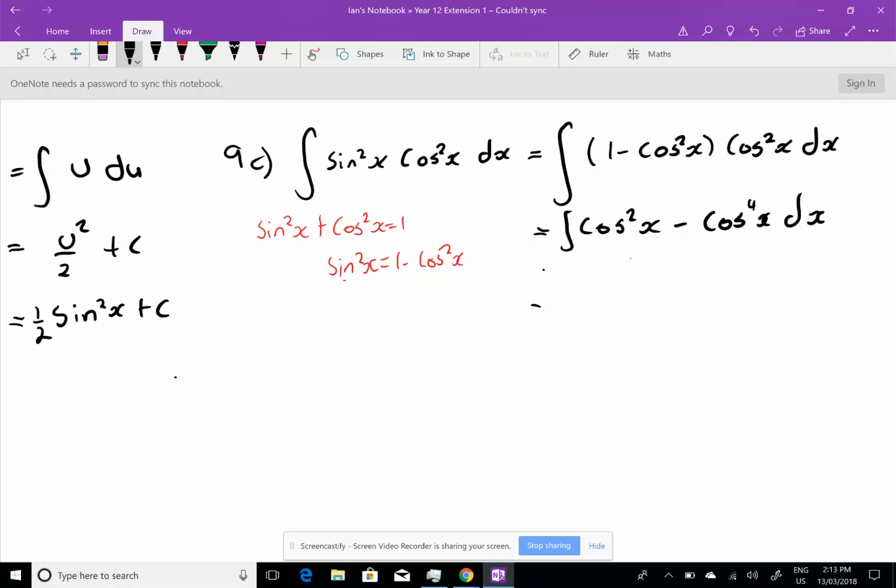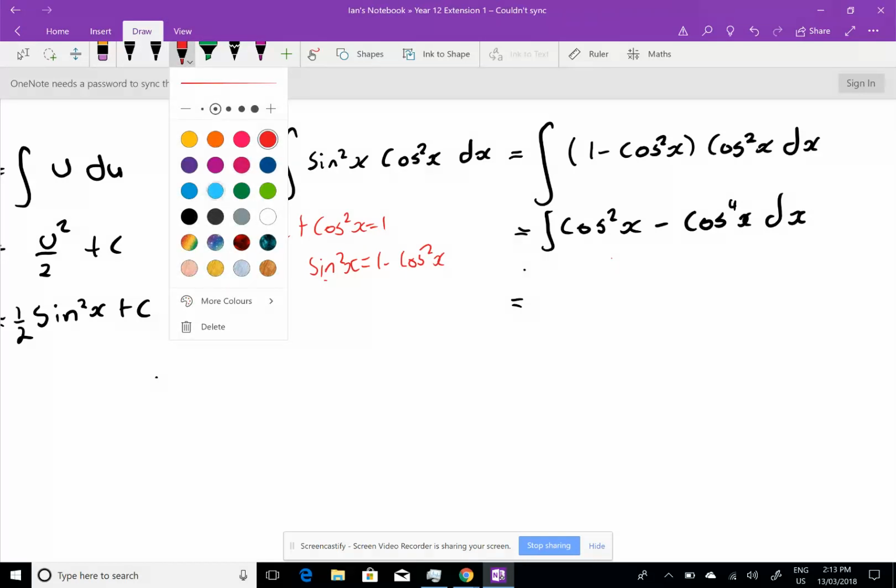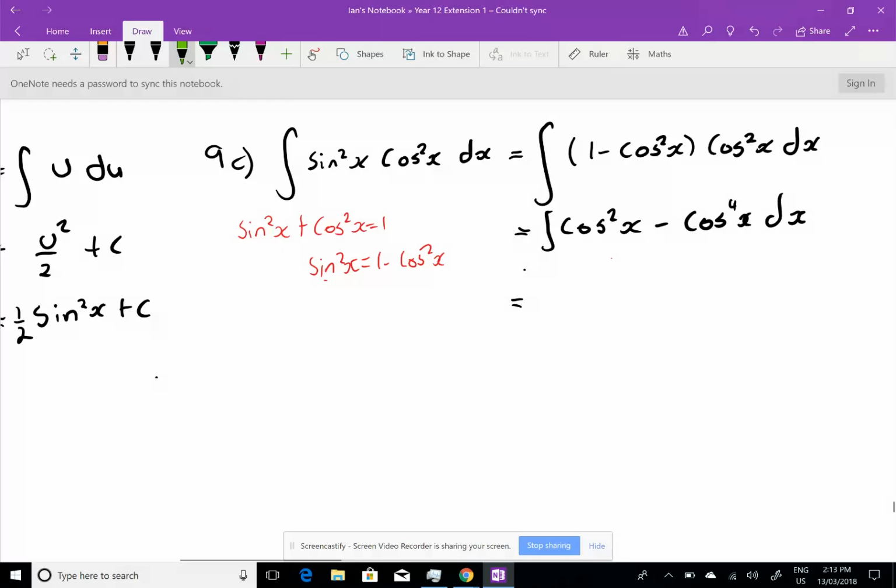Now initially that looks more complicated, but let's deal with this. Secondly, we've got to know another law, and that is that cos squared x equals, remember you should work this out using the double angle, a half of 1 plus cos 2x.